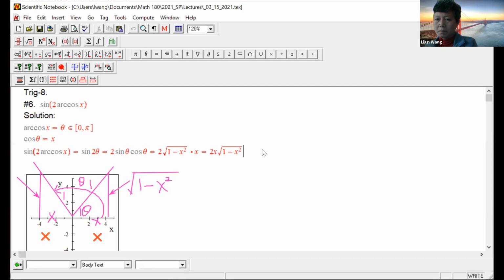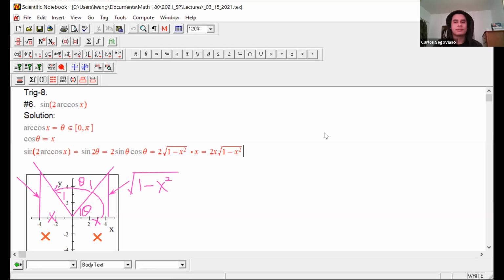Is that clear? How did you go from sine 2 theta to 2 sine theta cosine theta? I missed that part. Can someone else answer that question?